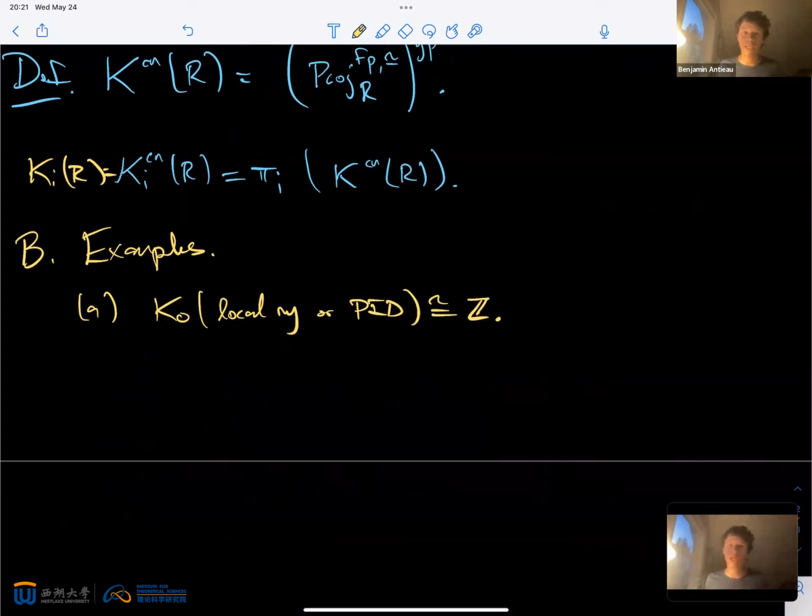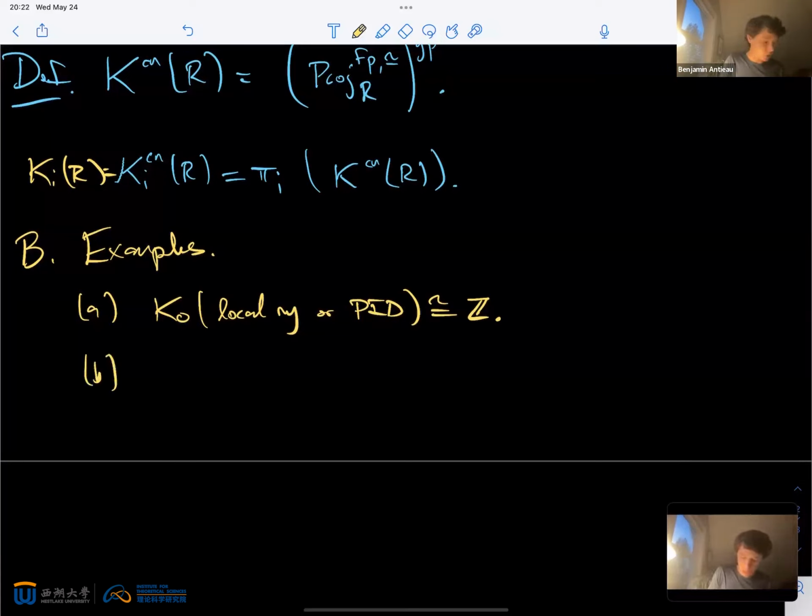It includes any commutative local ring. Okay. What is that saying? That's really just saying that in those cases, all finite rank projective modules are free. So what are we doing? We're just group completing the monoid N, and we already saw that the group completion of N is Z.